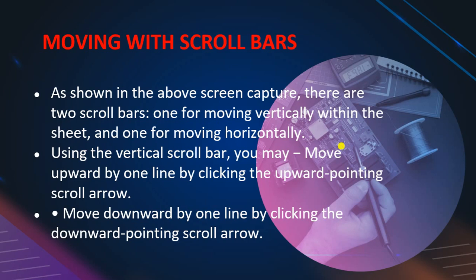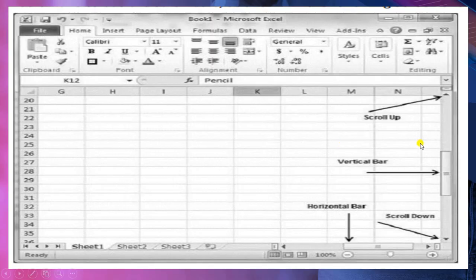Now moving with the scroll bars, as shown in the above screen capture, there are two scroll bars. One is for moving vertically within the sheet and one for moving horizontally. This is the first scroll bar and this is the second scroll bar.